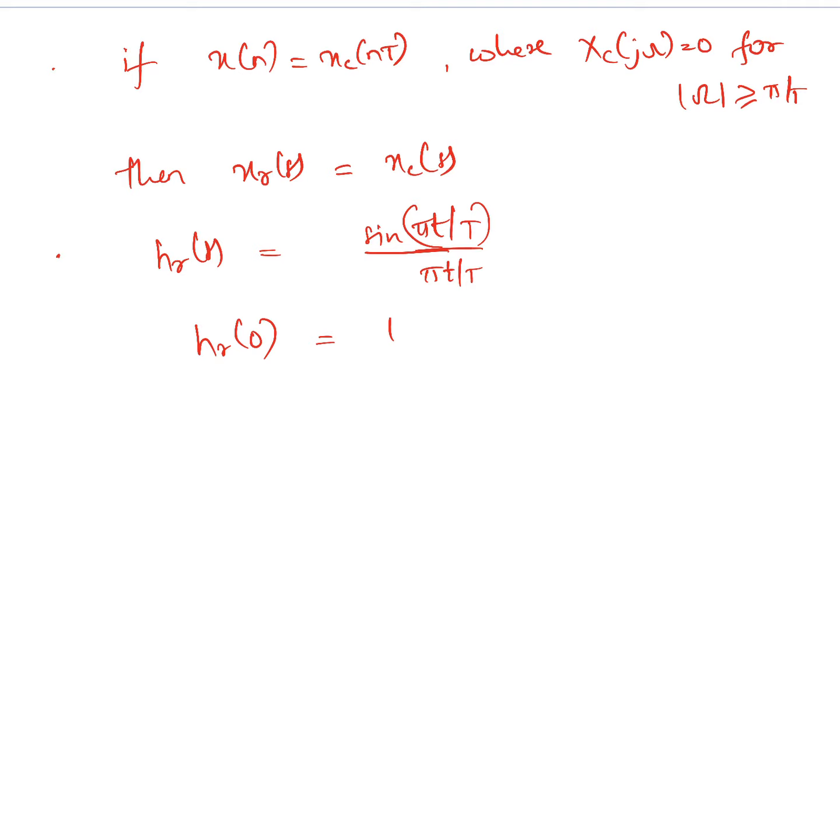And for h_r of nT, substituting small t equal to n times capital T, you would obtain sin(n pi) over n pi. So this would always be 0 because n is an integer, for n equal to plus or minus 1, plus or minus 2, and so on.